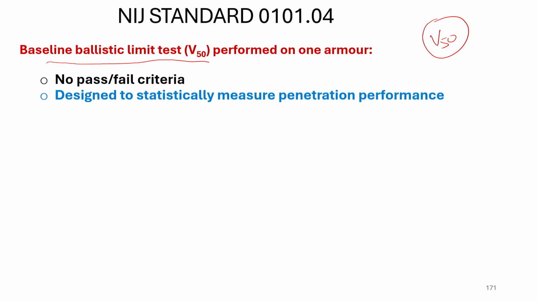Here we cannot say this is pass or fail, we cannot have this pass fail criteria, and it is designed to statistically measure the penetration performance. So, penetration performance is statistically measured by varying the speed of the bullet.